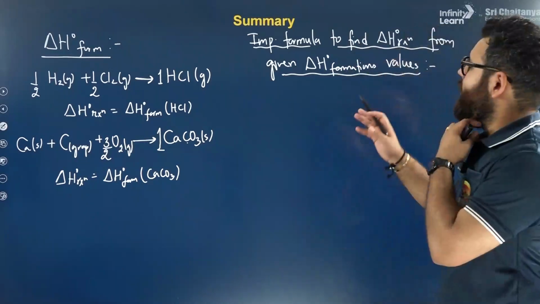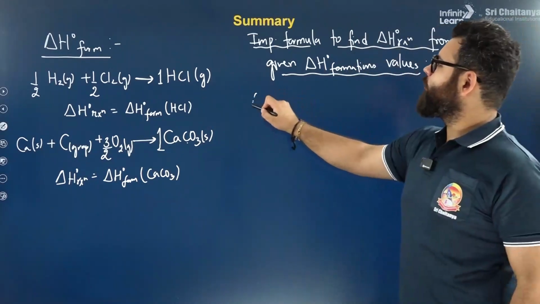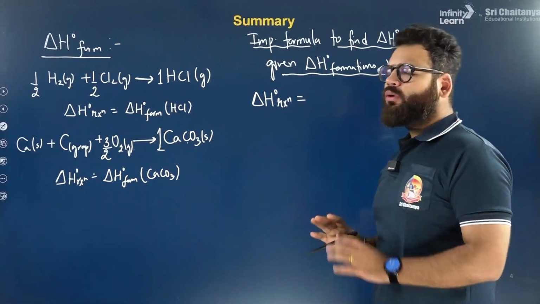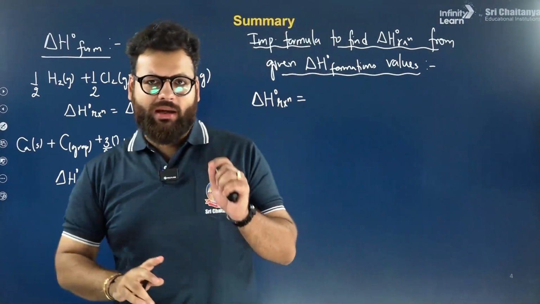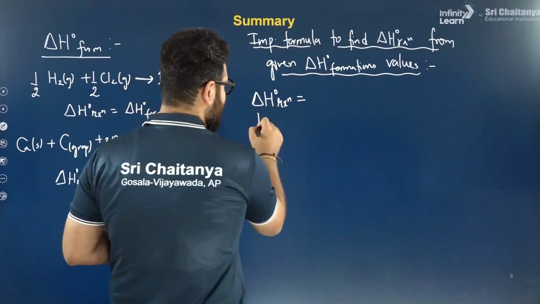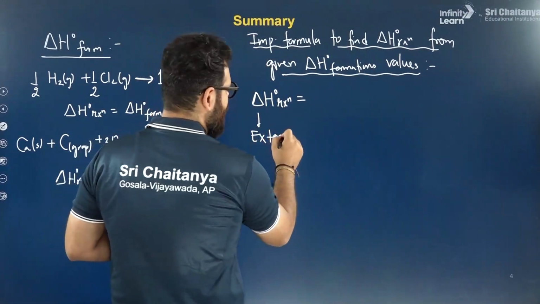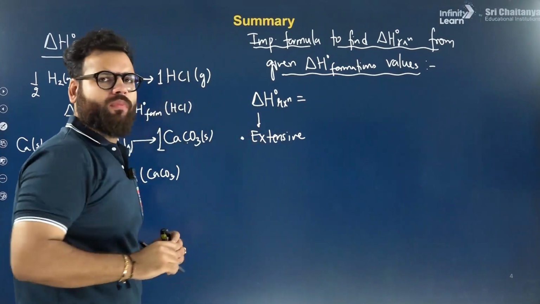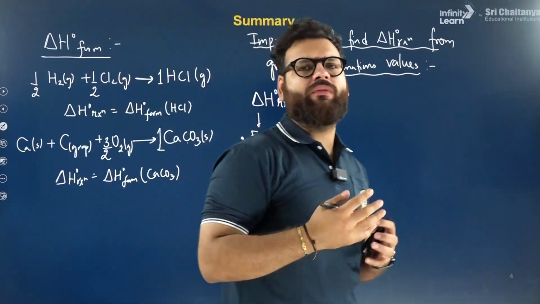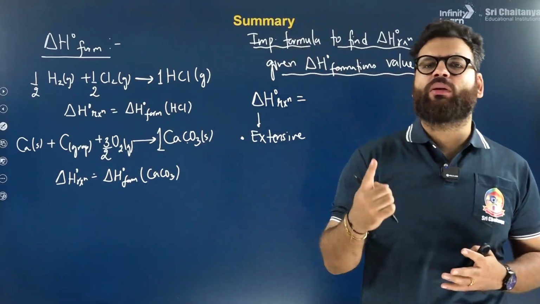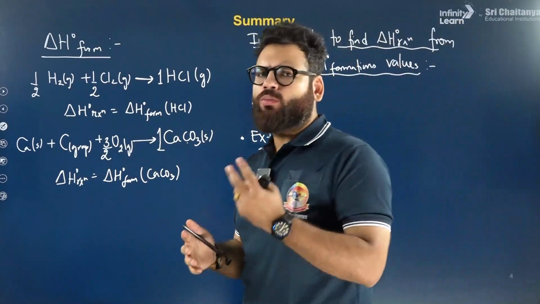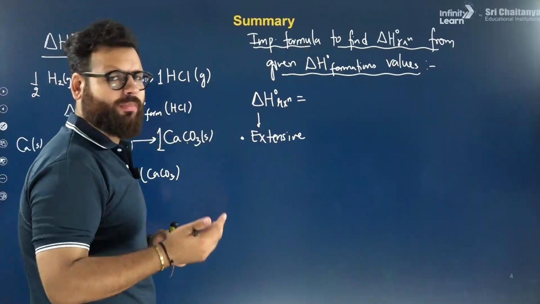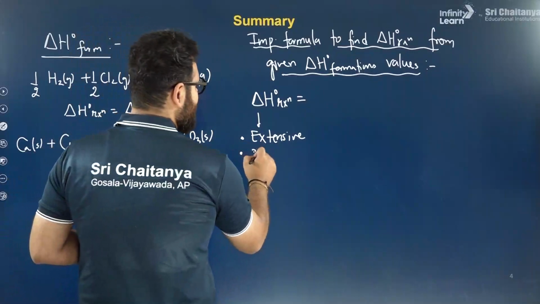which is the unitary method. So the important formula is, whenever you want to find delta H of a reaction, we know two things, that delta H is, first of all, an extensive property. Extensive means mole dependent. If the delta H formation of 1 mole ammonia is 100, for 2 mole ammonia it will be 200, for 3 mole 300. So it is extensive, mole dependent. Also it is a state function.